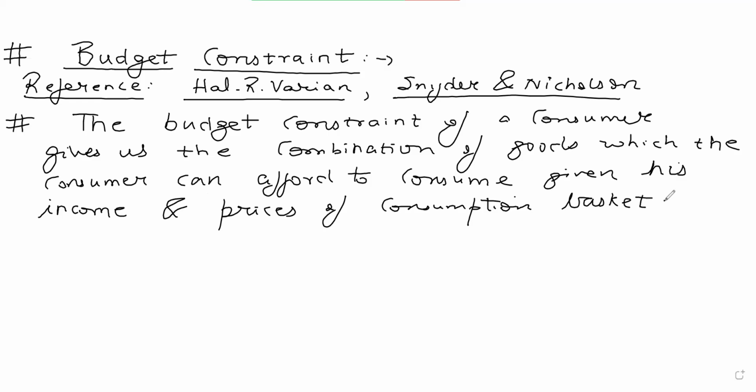So we know this from the introductory microeconomics course. The budget constraint of a consumer is going to capture his or her affordability. How much he or she can afford to consume given his or her income and the price of the consumption basket.